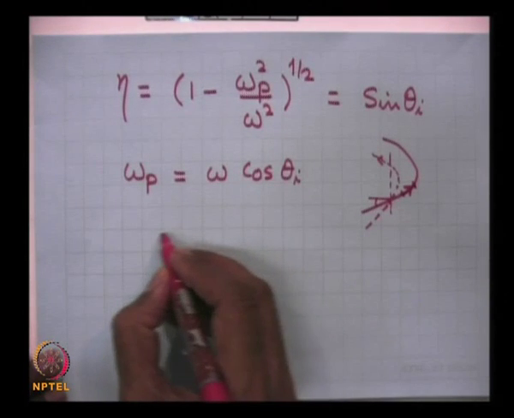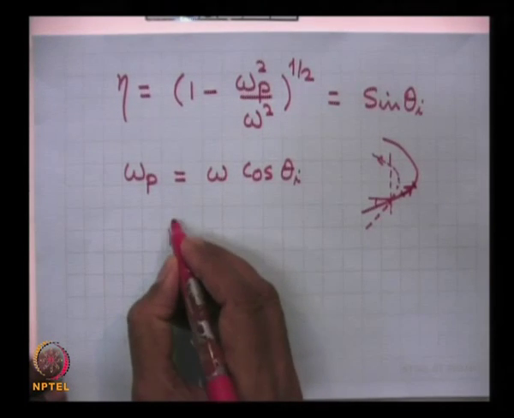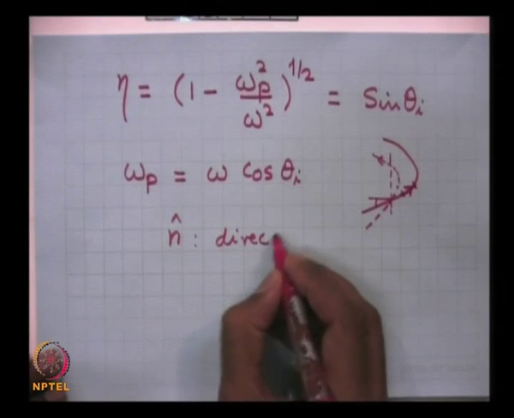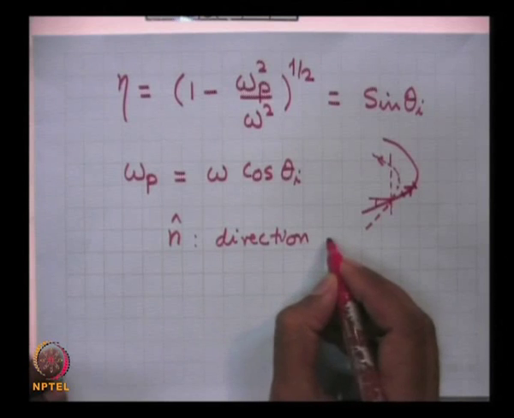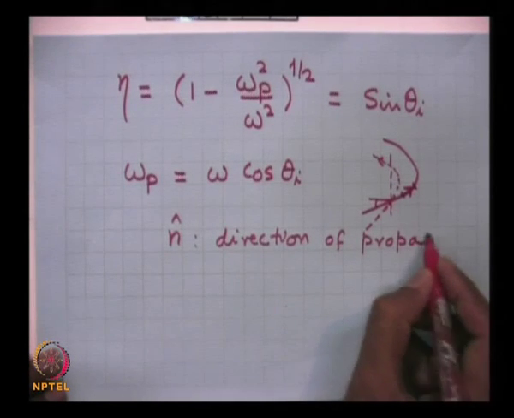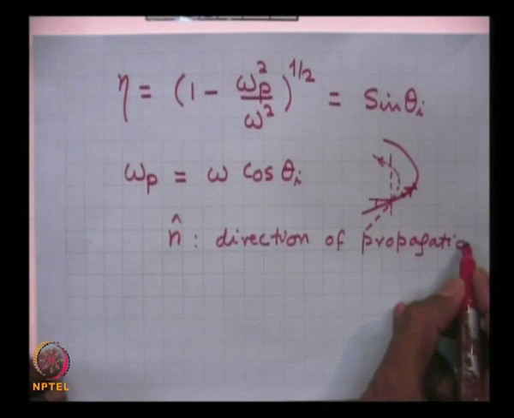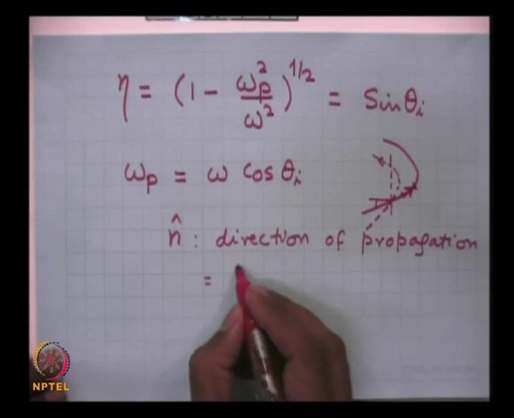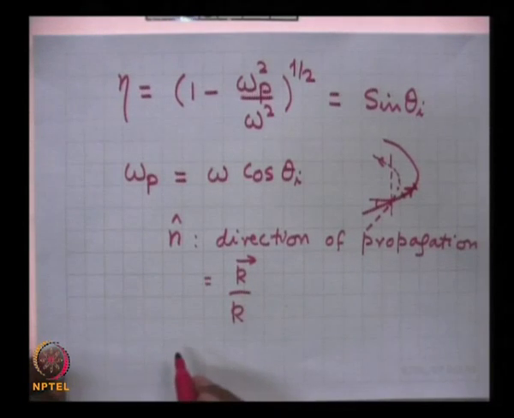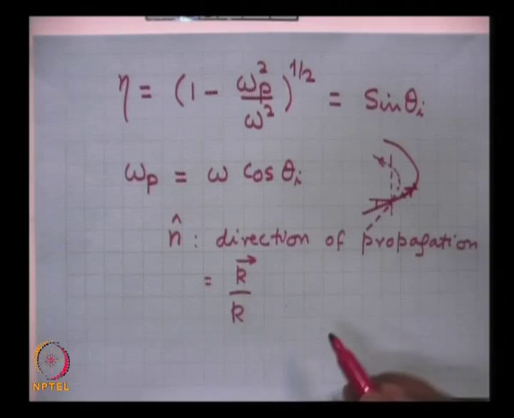I will call the direction of propagation as n vector. This is the direction of propagation, which is the same thing as k vector upon magnitude of k. This is called the unit vector in the direction of wave propagation.